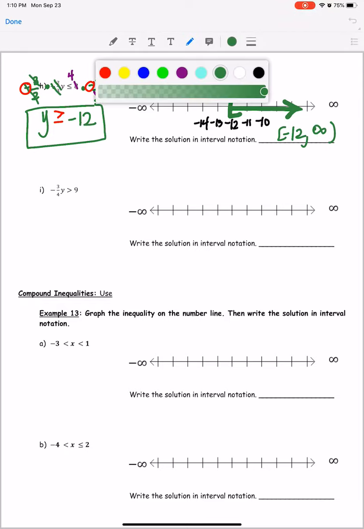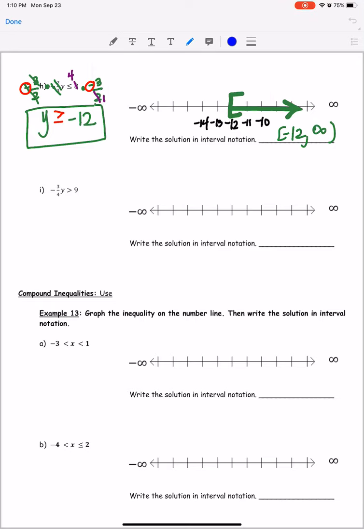Okay, this one's the same thing. I'm going to multiply by the reciprocal. So this becomes negative 4 over 3, times that by negative 4 over 3. 4's cancel, 3's cancel, even my negatives cancel.